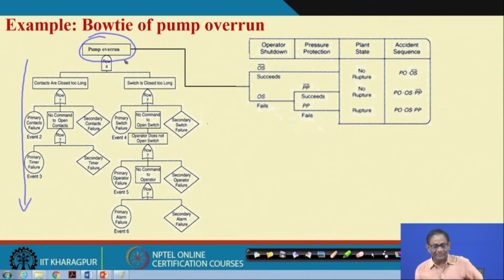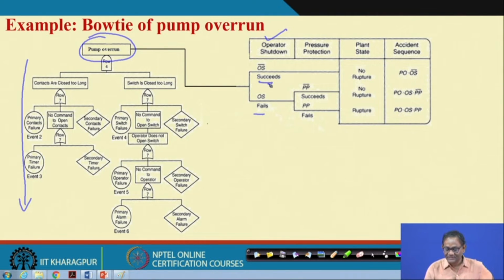But an alarm is only a signal, so I am not using the alarm here. I am going straight to the point that under a pump overrun situation the operator should work. You can add an alarm, no problem, but for the time being I am saying that the operator should shut down the system. Operator shutdown may succeed, may not succeed.